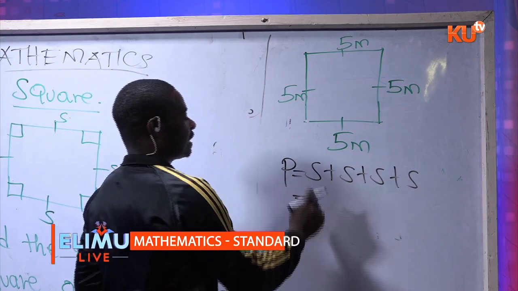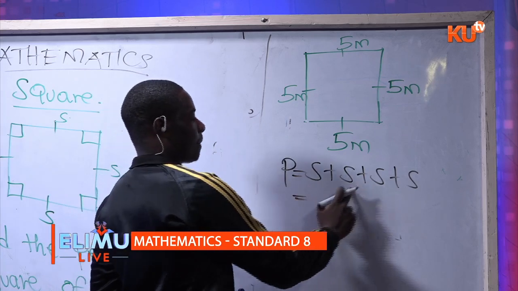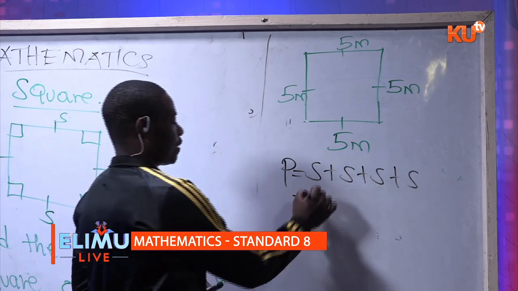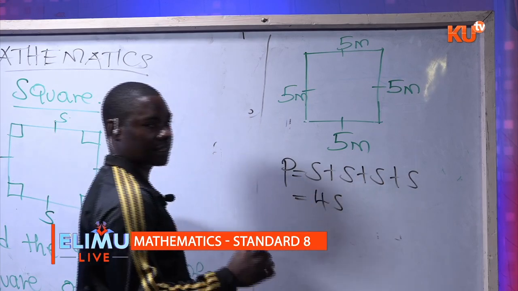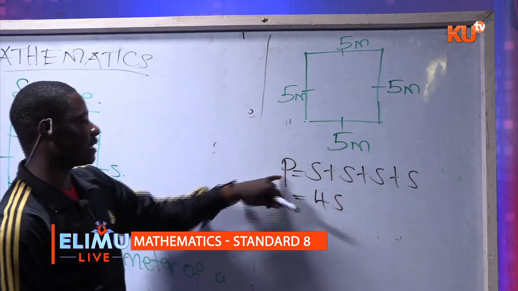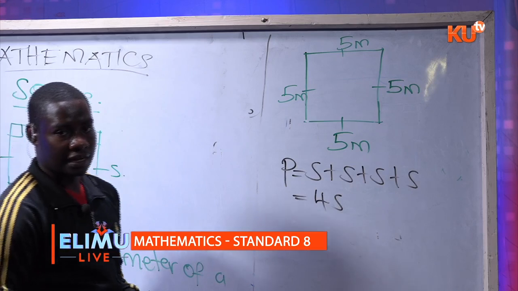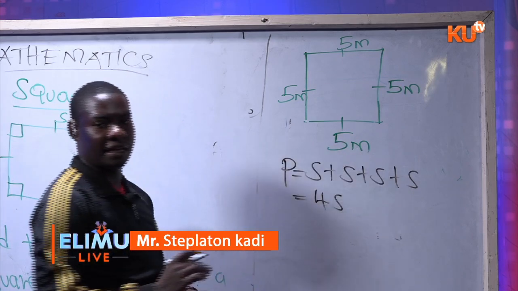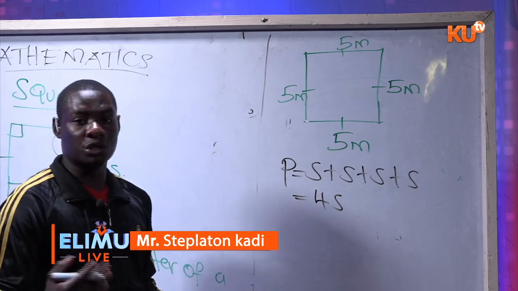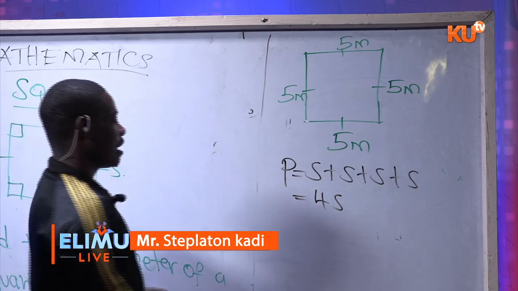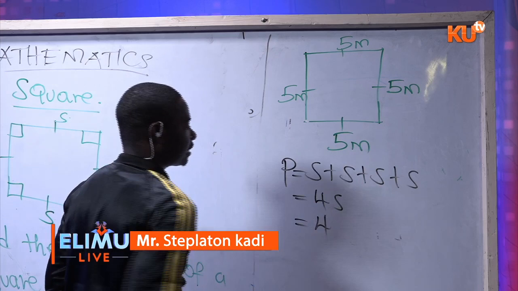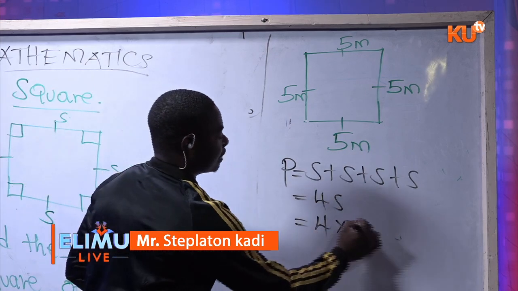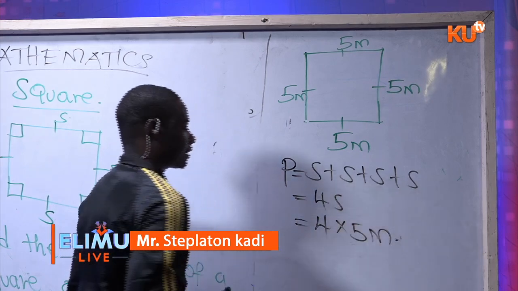So side plus side plus side plus side is the same as taking 4 times the side. Therefore, the perimeter of a square can be calculated by taking 4 times the measurement of one side, because all the sides are equal. Therefore, it is 4 to represent all the sides times 5 meters.